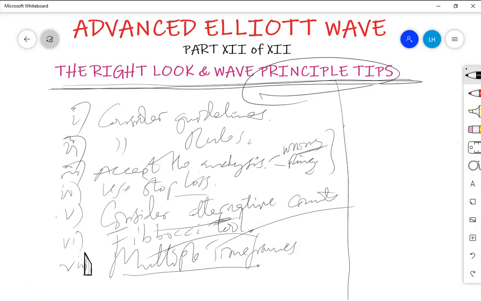For example, the market is moving like this, 1, 2, 3, 4, 5. In a higher time frame, you will only see this 1, 2, 3, 4, 5. But as you go deeper into the lower time frames, you will find that this one shows 1, 2, 3, 4, 5 again. Then this has maybe an ABC or anything else, 1, 2, 3, 4, 5 again.